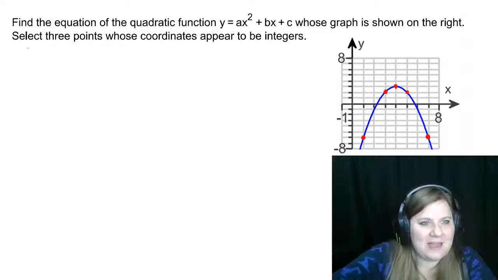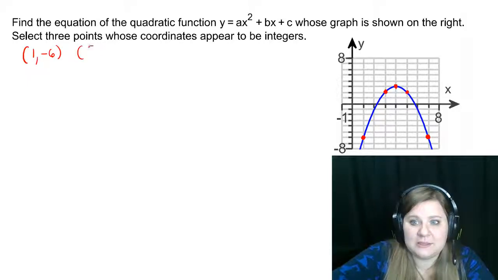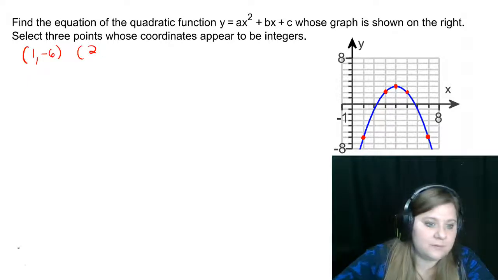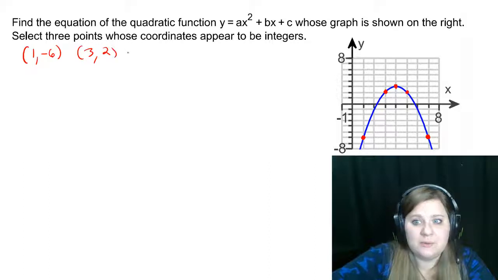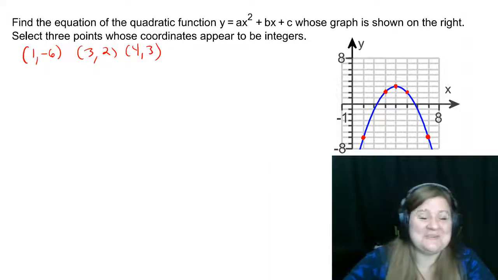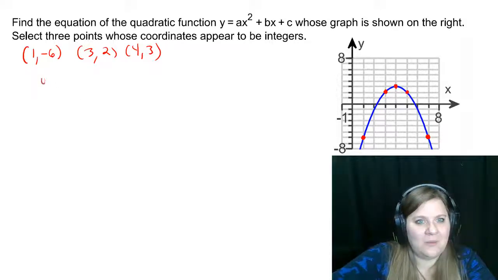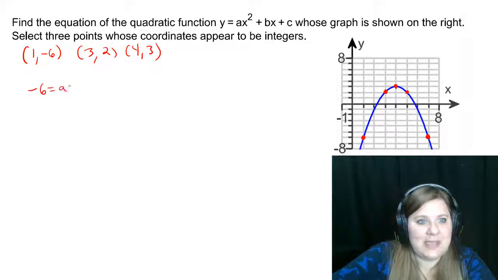So I've just picked the first 3 points. So I have 1, negative 6, and 3, 2, and 4, 3. Okay, so my equations are, oh, I am so sorry, negative 6 equals a plus b plus c.